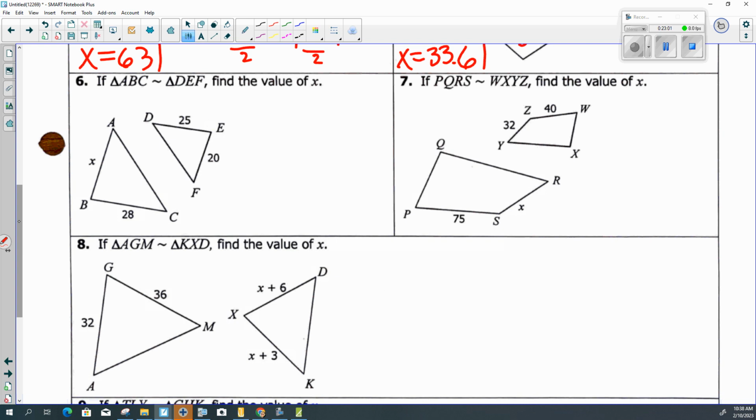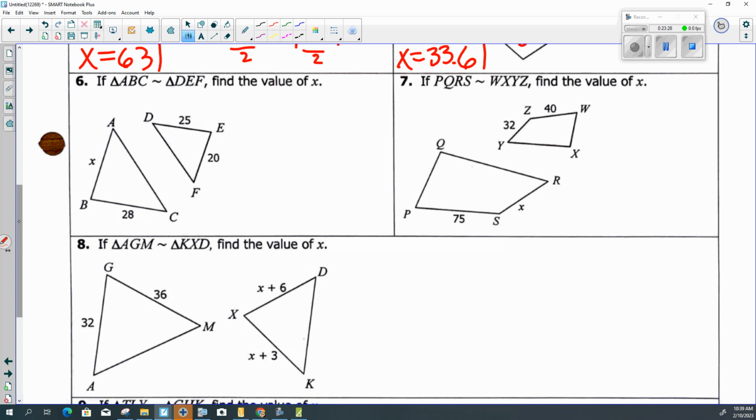Lacey, will you read number 6 for us? All right, any ideas how I would set this up? Peyton, what do you think? Isn't it hard? Because I don't know if the x matches up with a 25. I can't really tell if the x matches up with a 20.